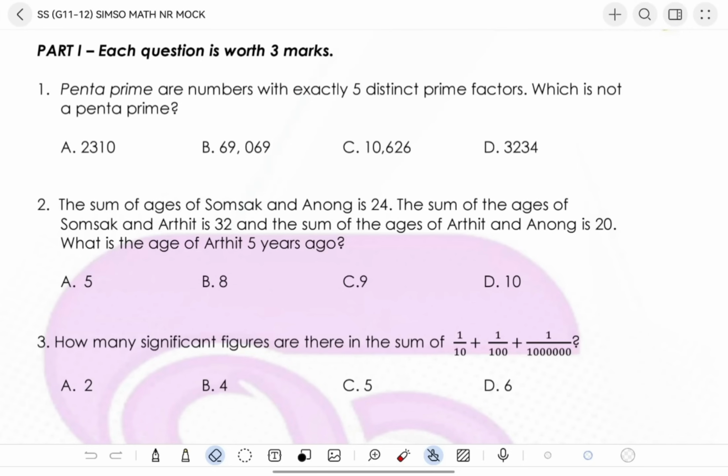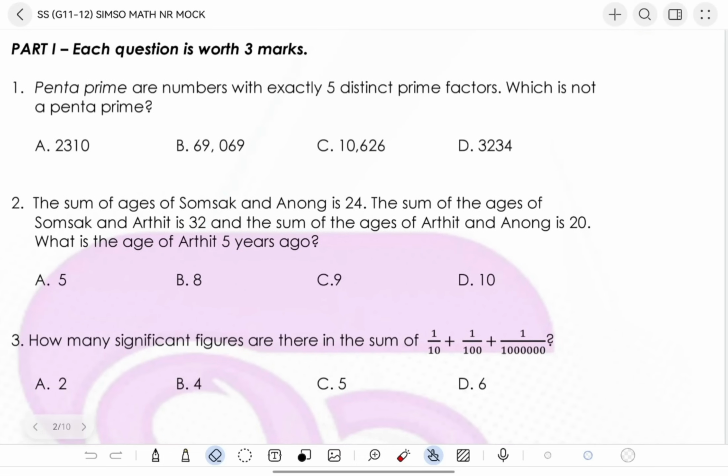A prime number is any number that can only be divisible by itself and 1, such as 2, 3, 5, and so on. Does 9 count?